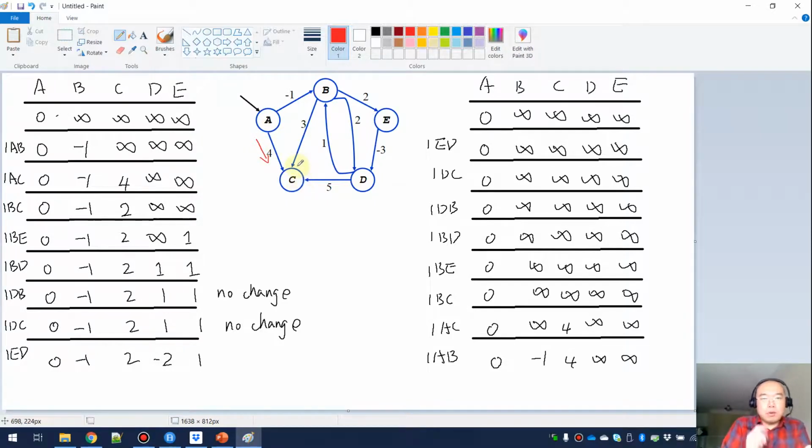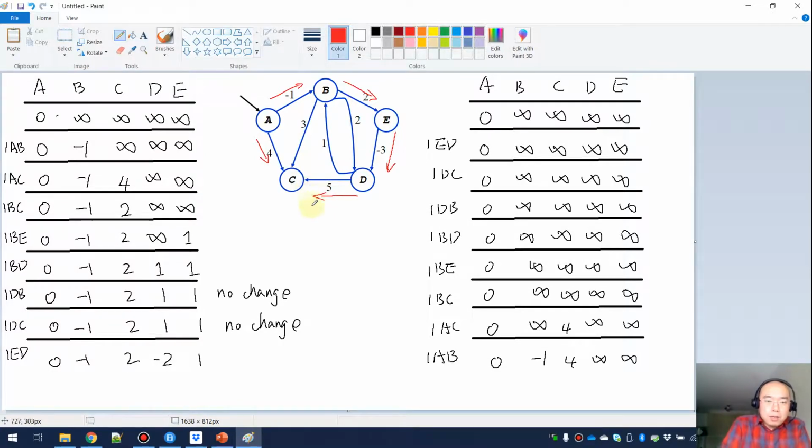If we want to find a longer path, then we can go A to B, B to E, E to D, and then D to C, right? So the longest we can go is 4 passes, and at least we can get to C if there is ever a path that we can go from A to C. What does this mean?